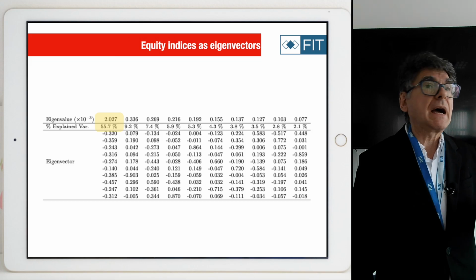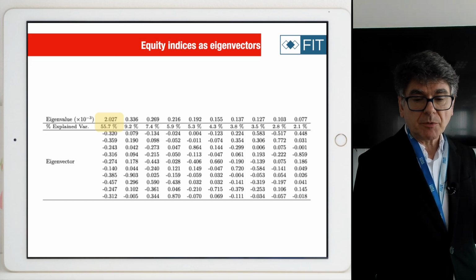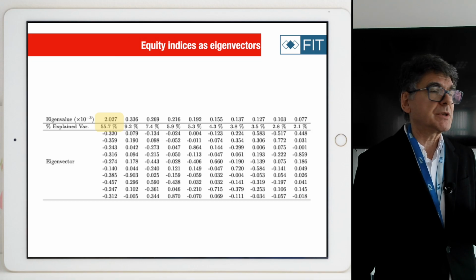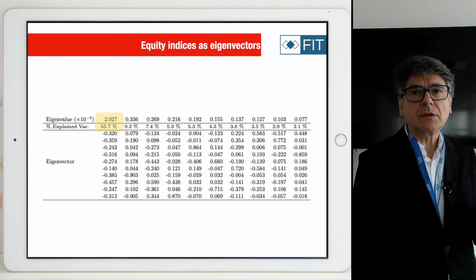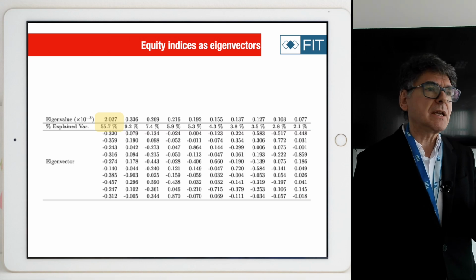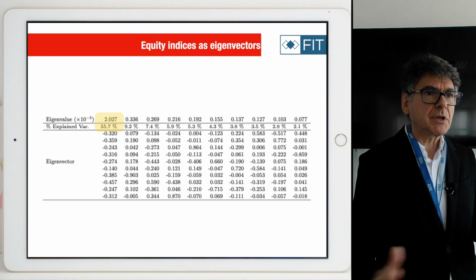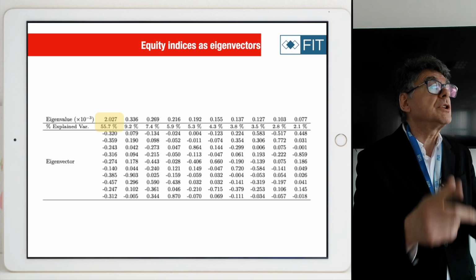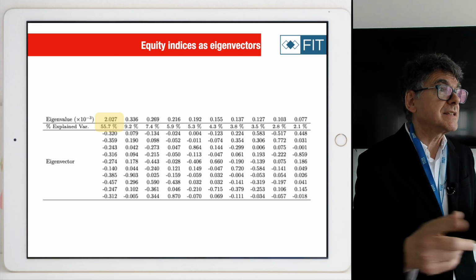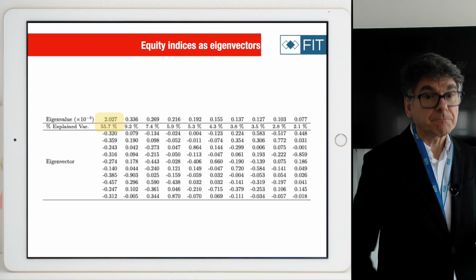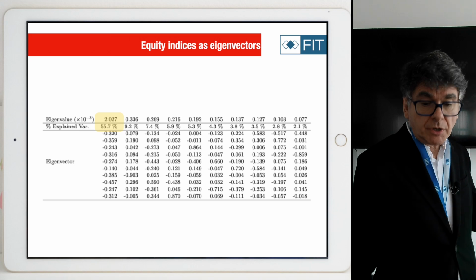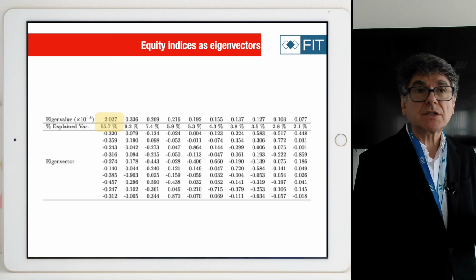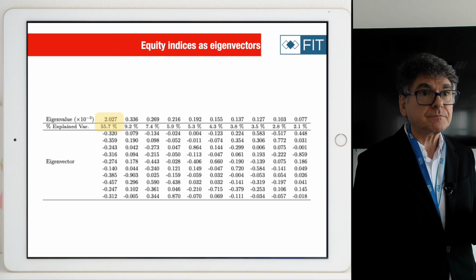Let me first go back to what you did, and I'm going to give you a summarized version of what you did yesterday, which in the end 40 or 38 stocks is too many, and you have so many numbers on your screen. I have 10, and with 10 I can show you what you did yesterday in a simplified fashion. So here I have the eigenvalues and eigenvectors just as you did yesterday.